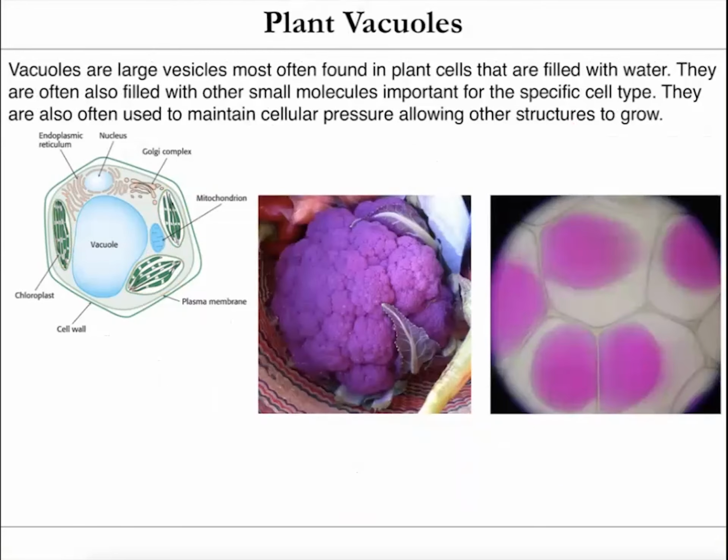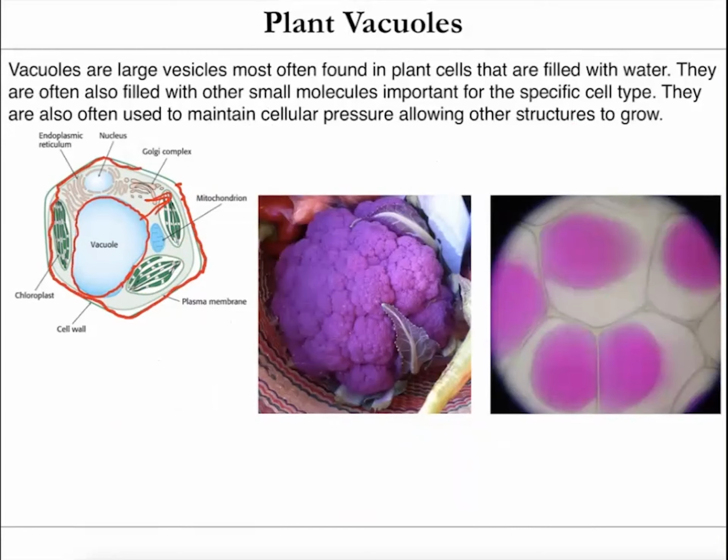And then plants also have these pretty cool structures called vacuoles. These are quite important for several reasons, mostly because they contain a lot of water and other small molecules, and they provide a turgid pressure against the cell wall that has all this cellulose and can push into the cell.